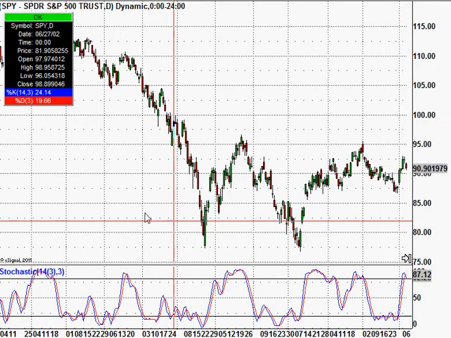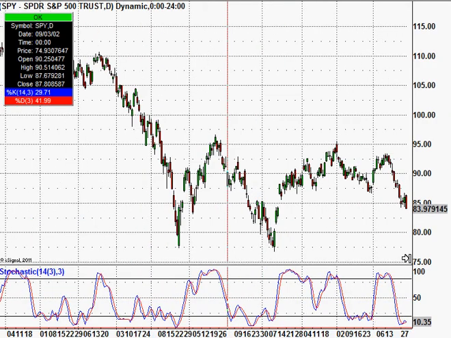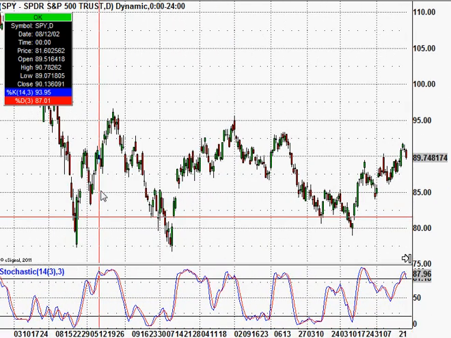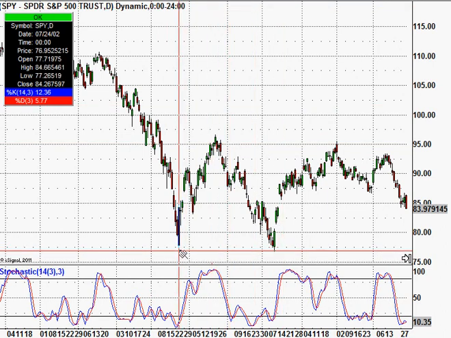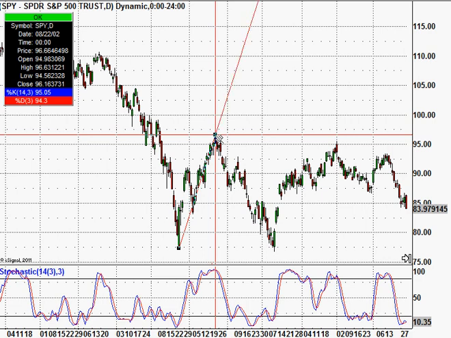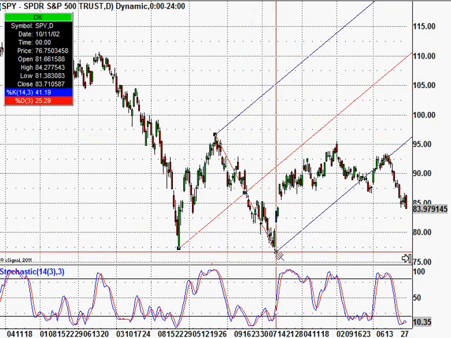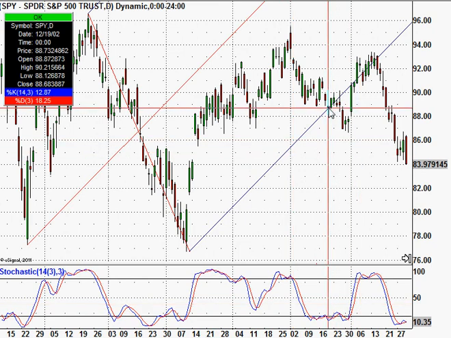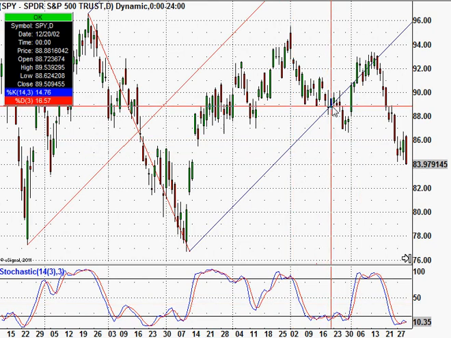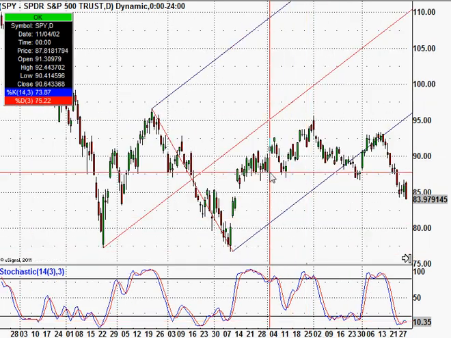And here you can see low, high, low. Here it touches. Even if you bought it, you have some profit, but nothing much.